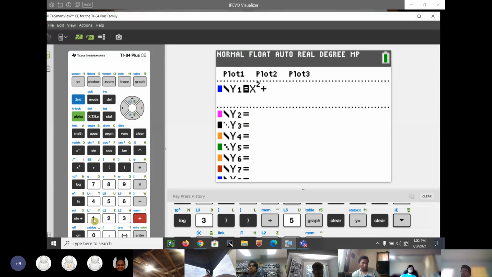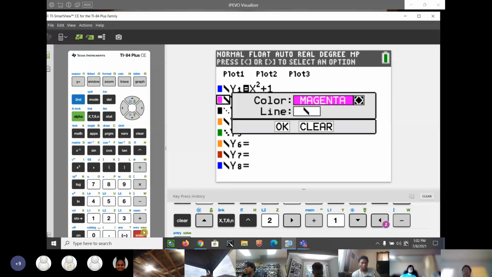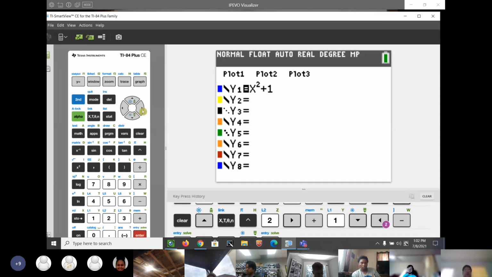And the second function, since we did yellow, I'm going to change it to yellow, and that's going to be x.